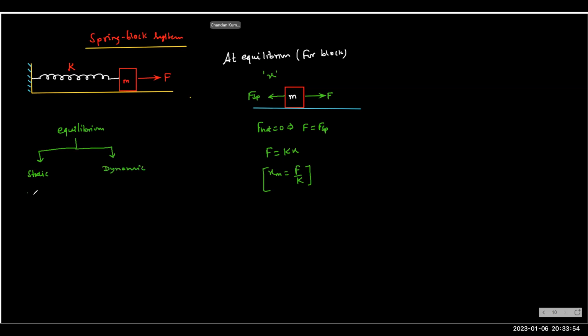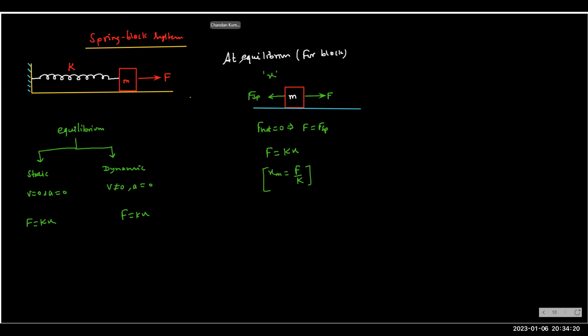In static, velocity is 0 and a is 0. But in dynamic, v is non-zero, although a is 0. But both are called equilibrium. For static, it will be at rest. For dynamic, it will be moving, but with 0 acceleration. In both cases, you are free to write F equals Kx. This is correct for both cases.